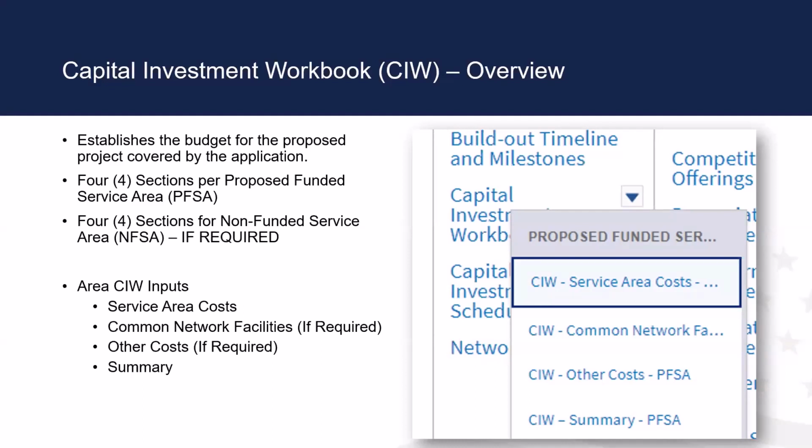Remember common network facilities. Also other costs. We want everything to be in a budget category. There's a place for all of the costs, and you need to define what they are and be consistent. Next slide.